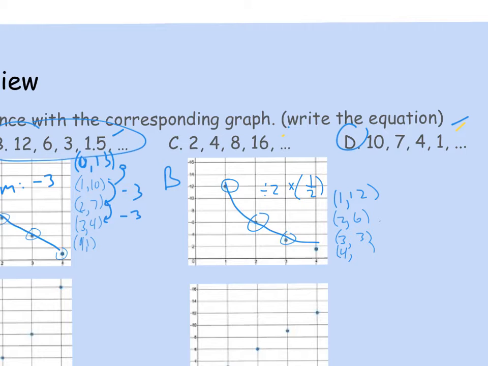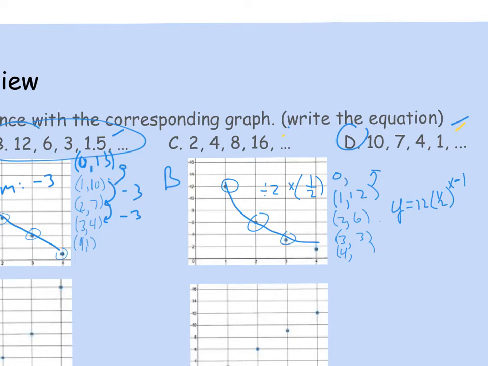So when we write a formula for this one, y is equal to, in this case, what would you do with the first term, 12? What you're multiplying by is 1/2. If you start with the first term, you have to say x minus 1. If you started with the second term, you'd say x minus 2. You could go with the term before that and keep it similar to our linear equation.